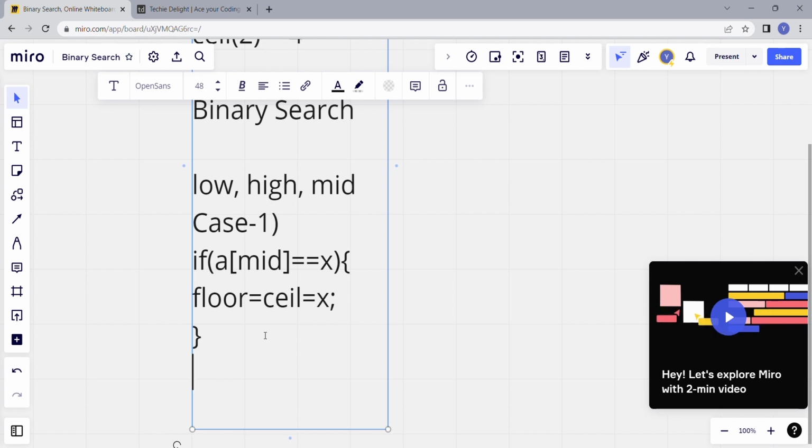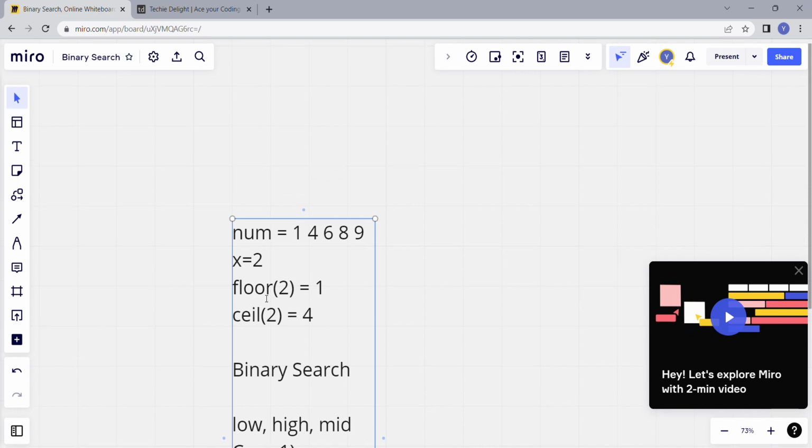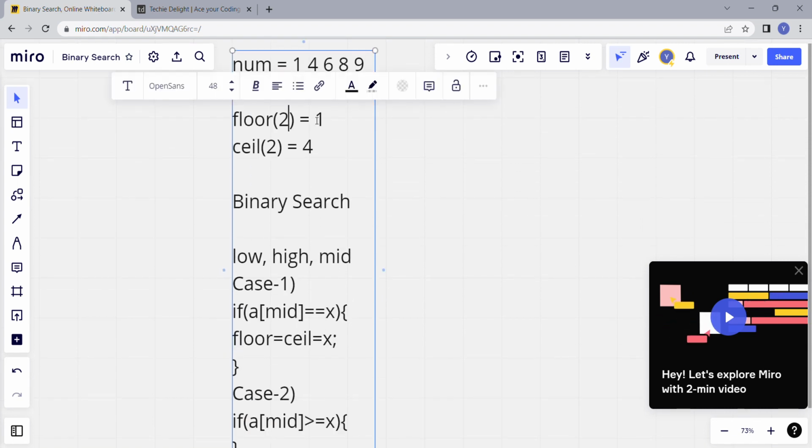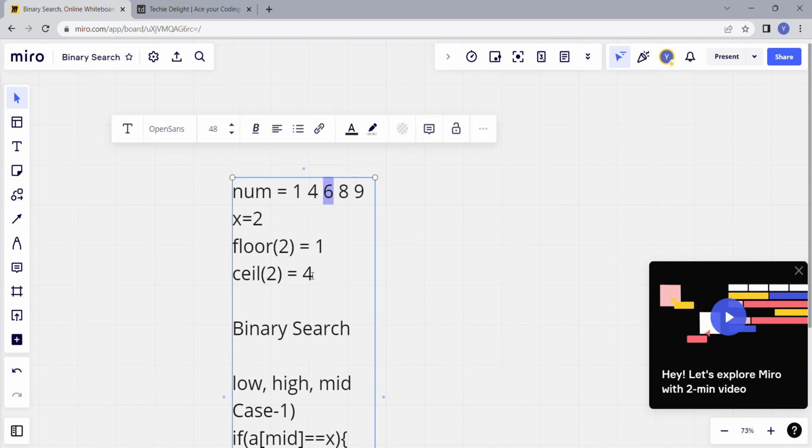But what if nums[mid] is greater than x? Suppose this is our mid, which is 6, and it is greater than 2. Then this can be a potential ceil of 2, but we need to find an element which can be even smaller than 6 but larger than 2.